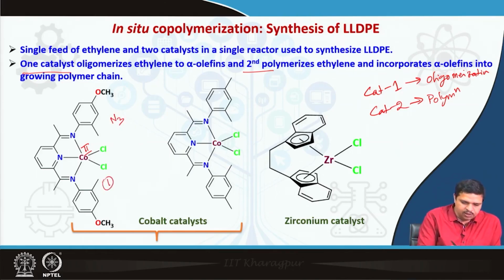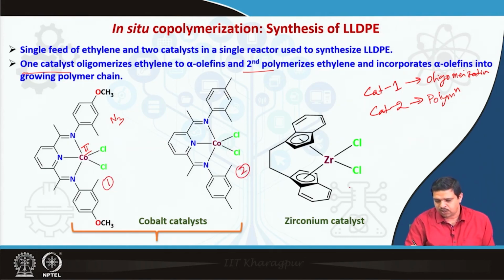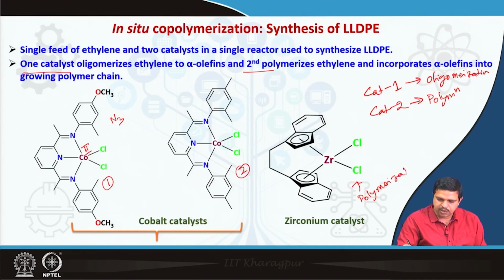We can name this catalyst 1 or catalyst 2, and the other one is the zirconium catalyst, the well known Kaminsky type catalyst, which is a very good polymerization catalyst that we already discussed in our previous classes.